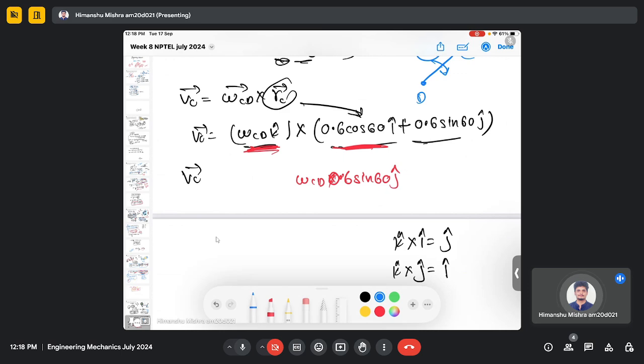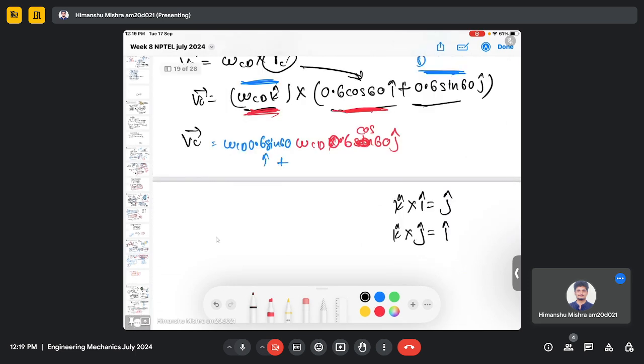and if I take the cross product of this quantity and this quantity, I will get the resultant quantity in the x direction, or I can write this as in the i cap. So it will be omega CD 0.6 sin 60 i cap. So this should be cos 60. Right, so this is my ith component and this is my jth component.